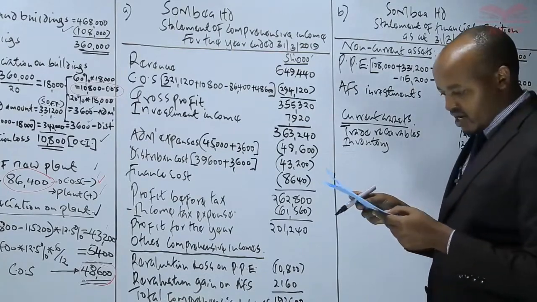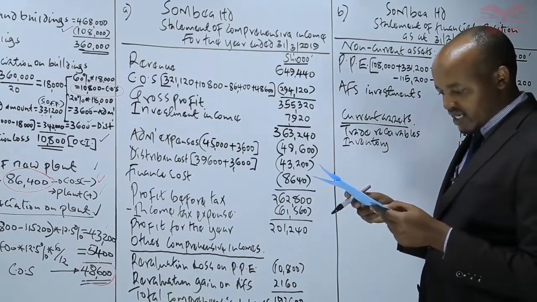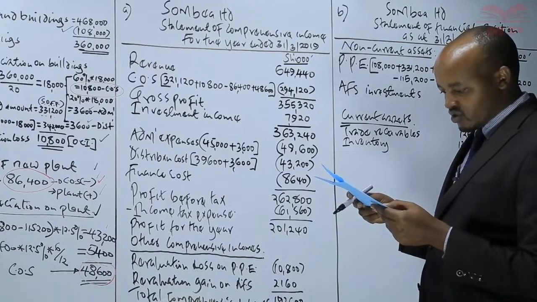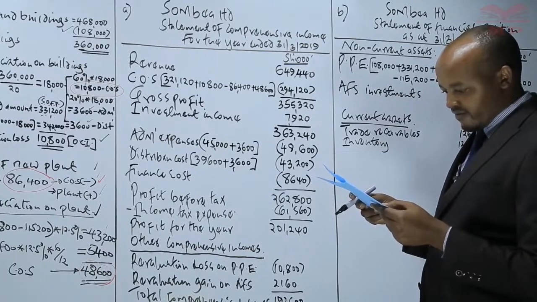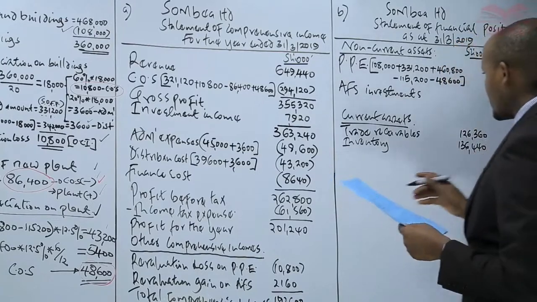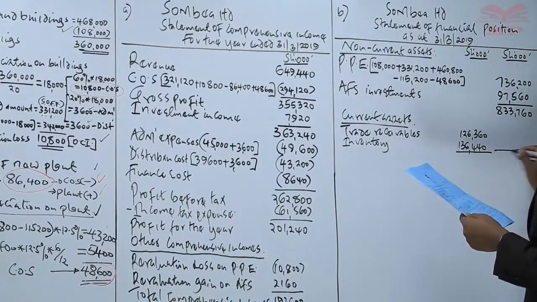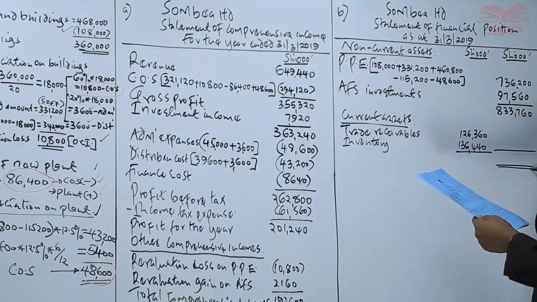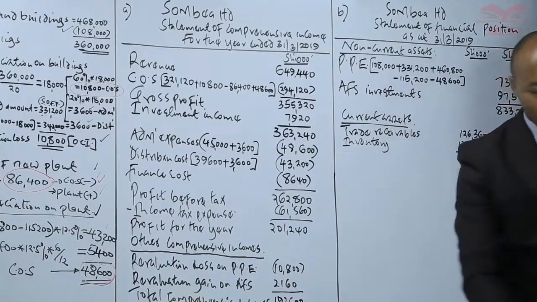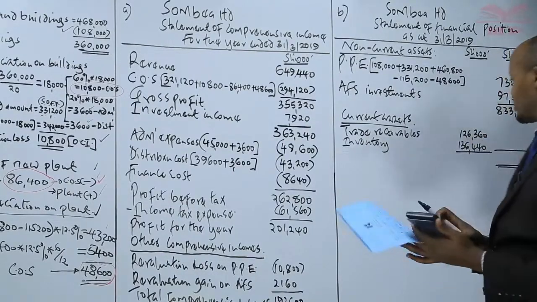Above that we have debenture interest, that is not an asset, and administrative and distribution costs. So I think we only have those as the current assets.